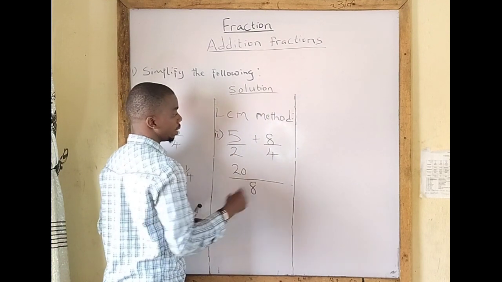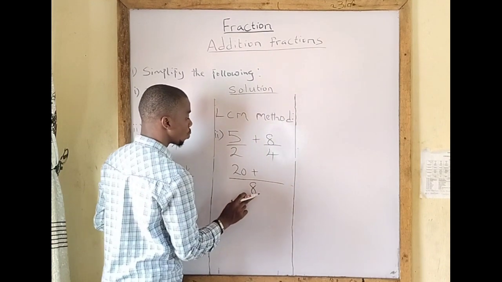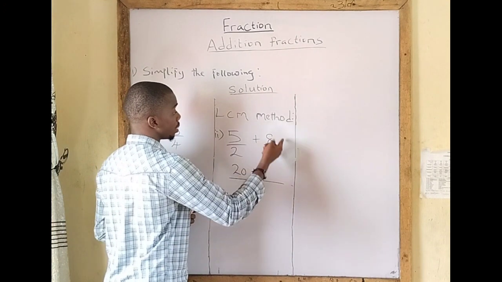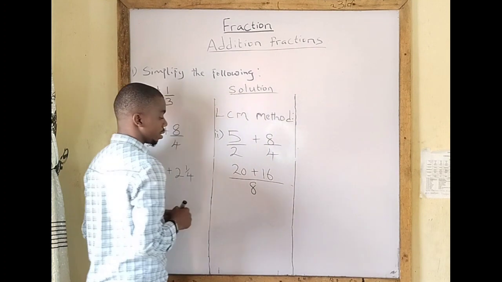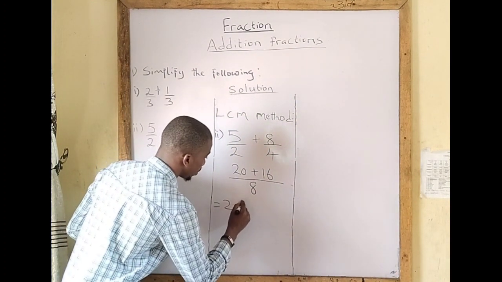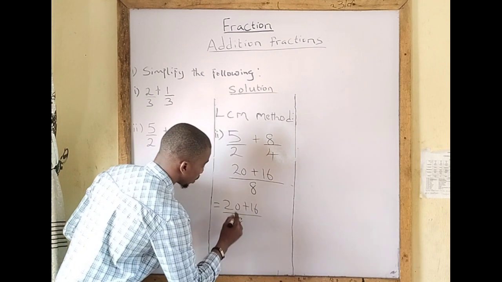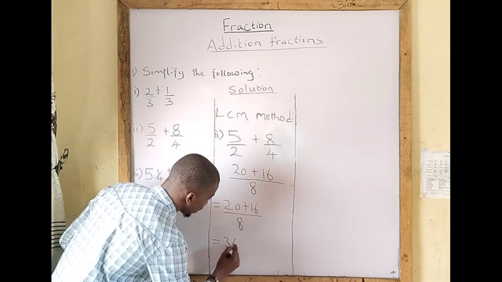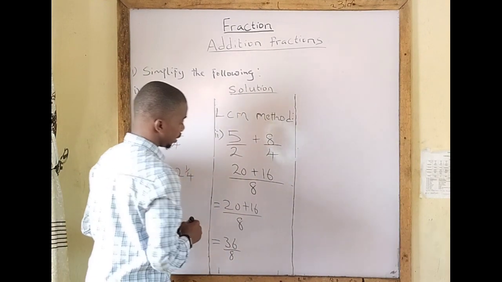Now our plus sign here, 4 will go into 8 2 times, and 2 times 8 is 16. All right, so now we have that 20 plus 16 all over 8, and 20 plus 16 is 36 all over 8.